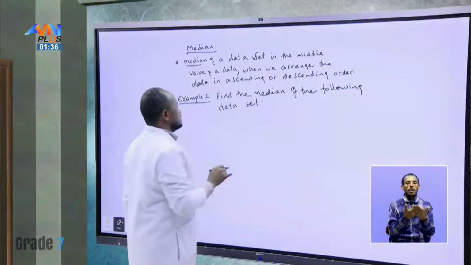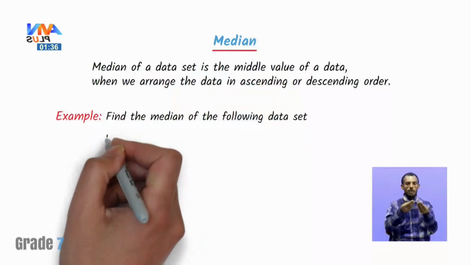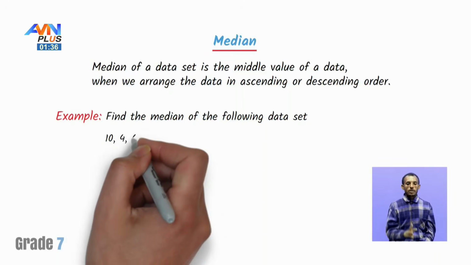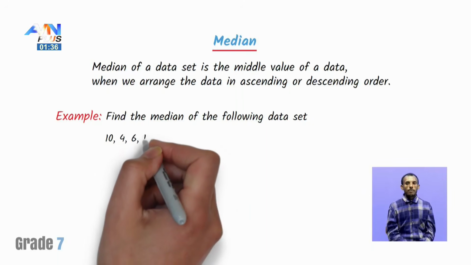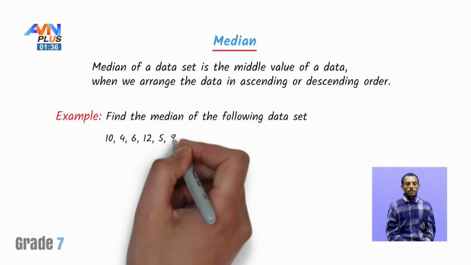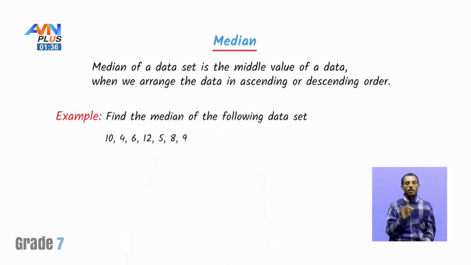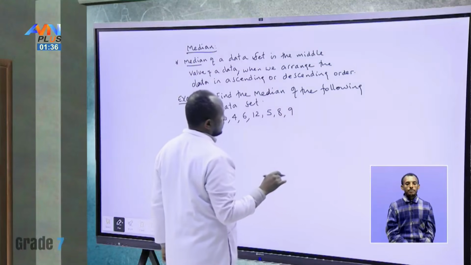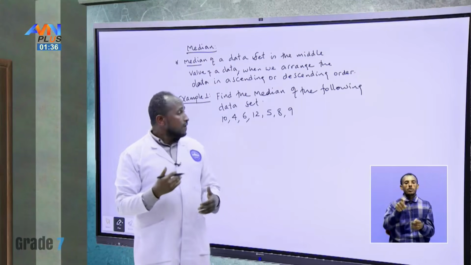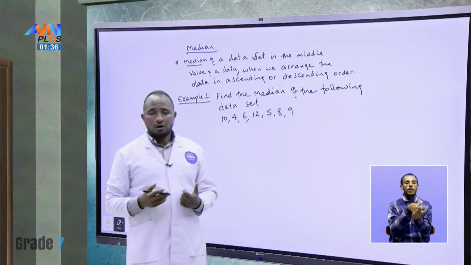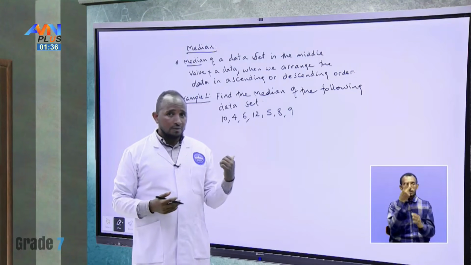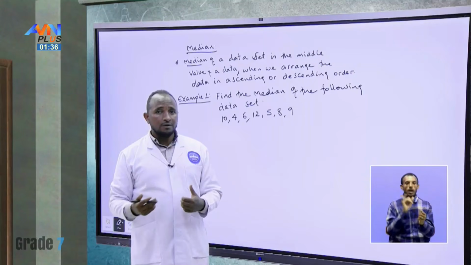Here, this data set is given: 10, 4, 6, 12, 5, 8, and 9. This data set is given, and we're asked to find the median of this data set. So let's see this question together, and I'll give you another for you.